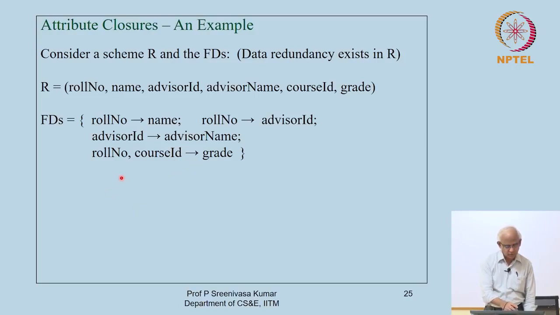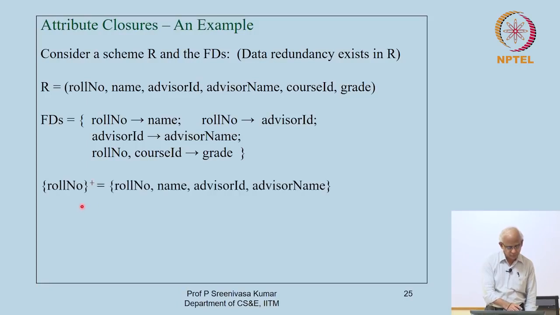we can calculate the attribute closure of a given attribute set. You include that into the successive sets first, and then since this is the left hand side of some FD, we will start including the right hand sides into the set.